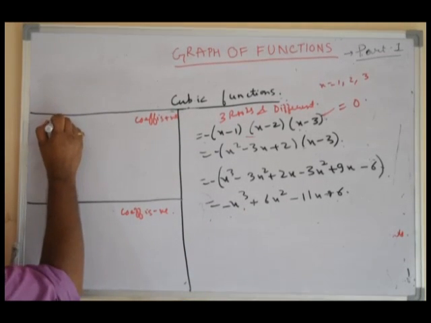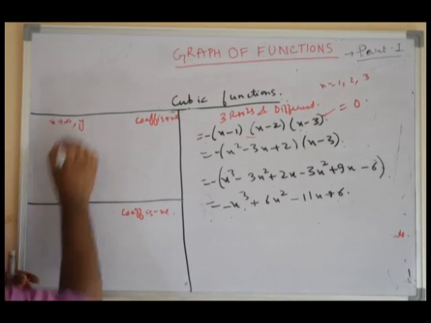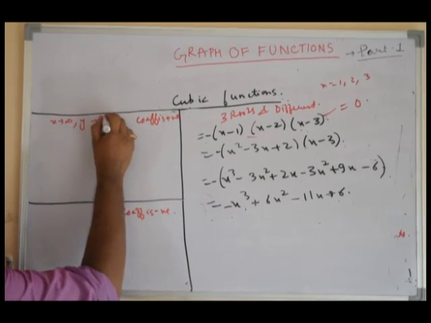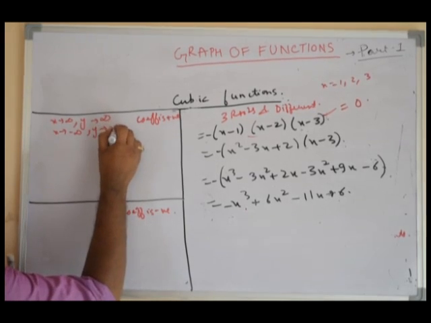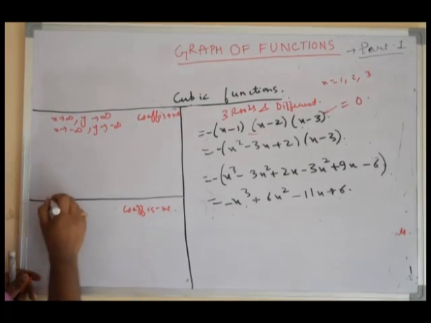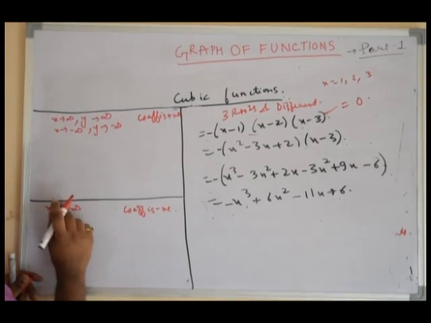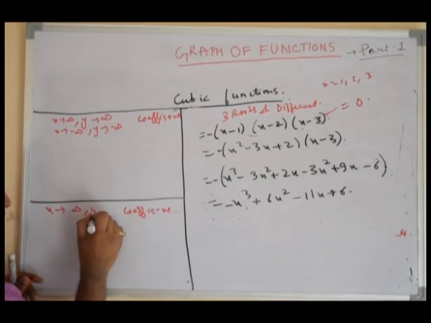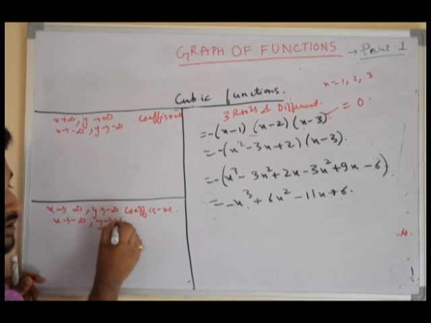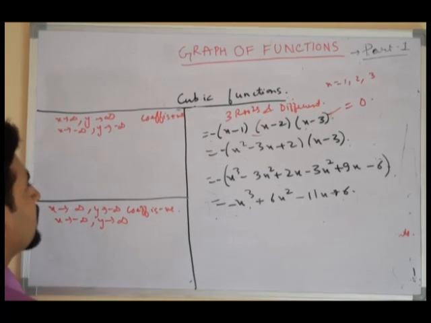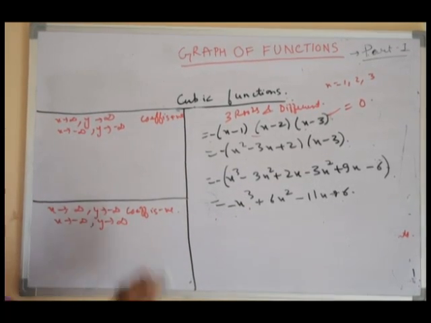What do you have? X tends to infinity, y tends to infinity here. X tends to minus infinity, y tends to minus infinity. Here you have just the opposite: x tends to infinity, y tends to minus infinity, x tends to minus infinity, y tends to infinity. So now you need to plot a graph for these functions.